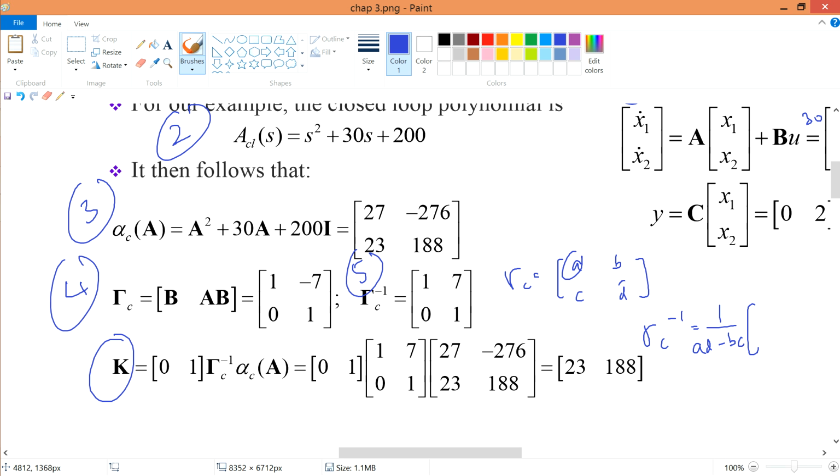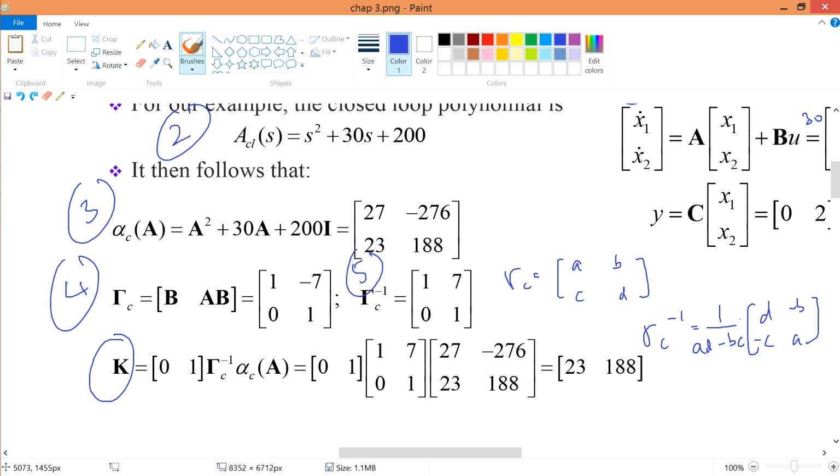A and D switch places, D and A, and B and C become minus B and minus C. This explains why your -7 over here becomes +7, because you have switched the sign.